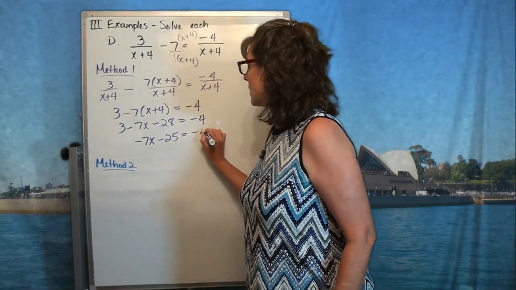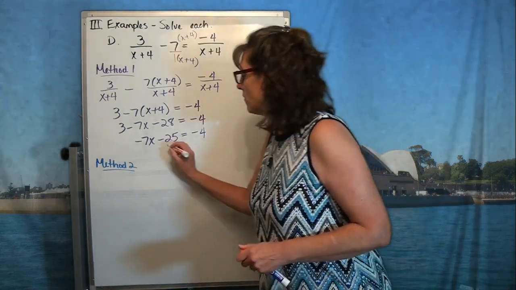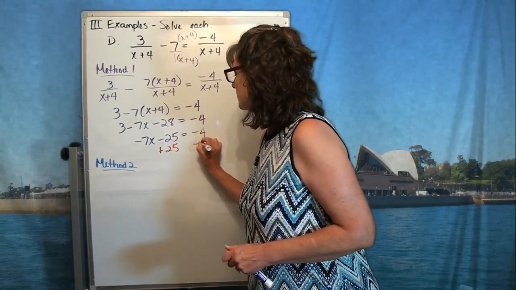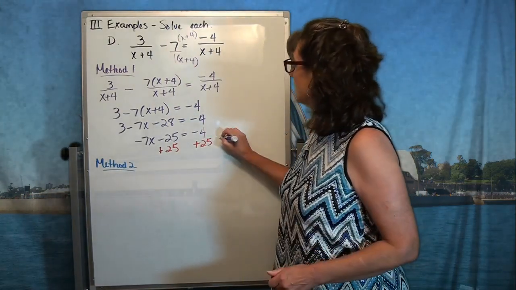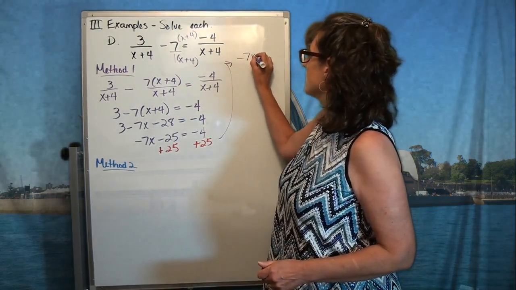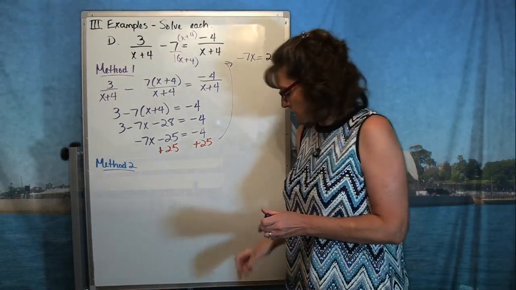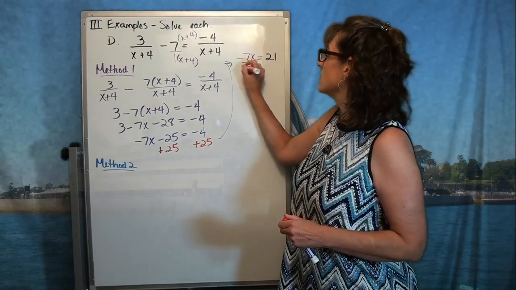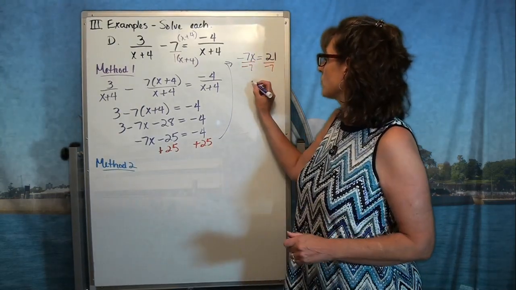And then I've got a negative 4 over here. I know at this point that what I'm going to do is add a 25 to both sides. And so that will give me a negative 7x equal to a 21. And then I need to divide by negative 7, giving me x equals negative 3.